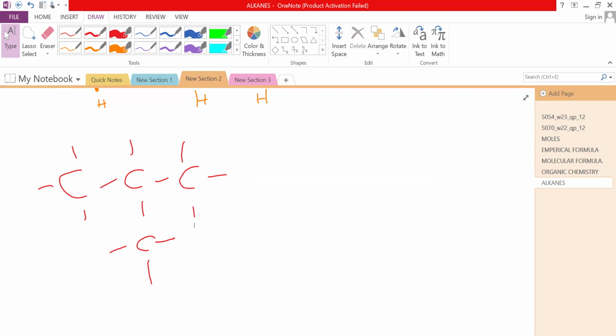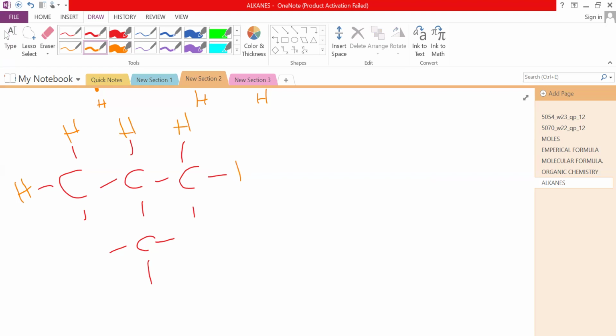When you are naming the alkanes, if the chain is starting with 4 carbons, you have to label the position of the branch. While if the chain is of 3 carbon, it isn't necessary to write the position of the branch.